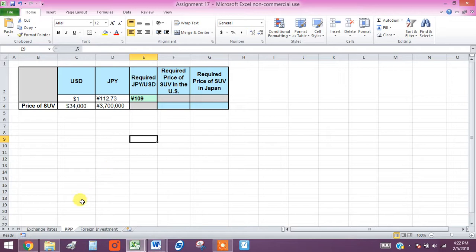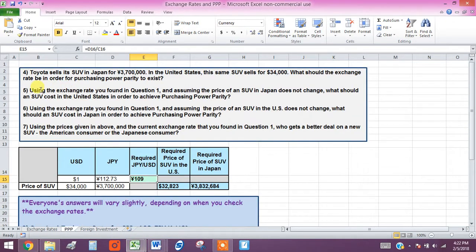Okay. So the next thing we want to do here is answer number 5, which is using the exchange rate we found in question 1, which I found, and when you looked it up, it's going to be a bit different.